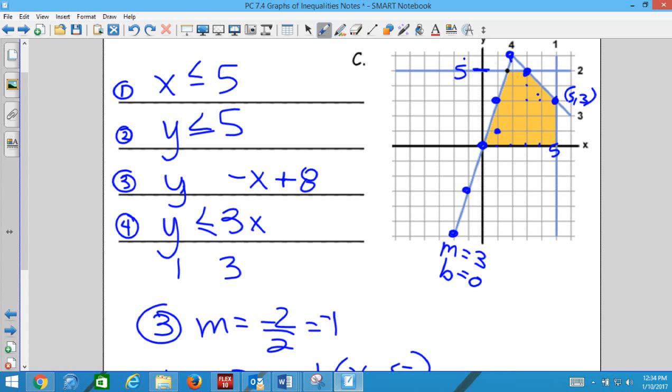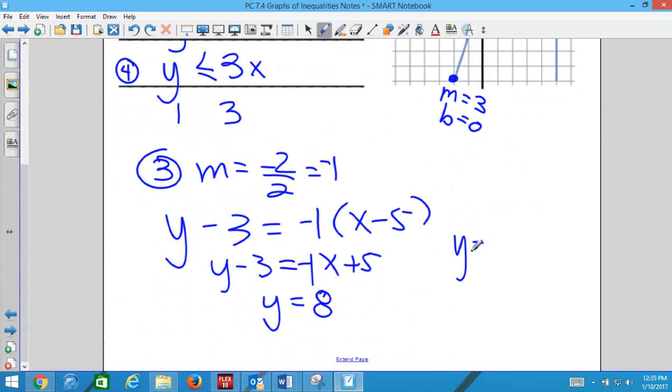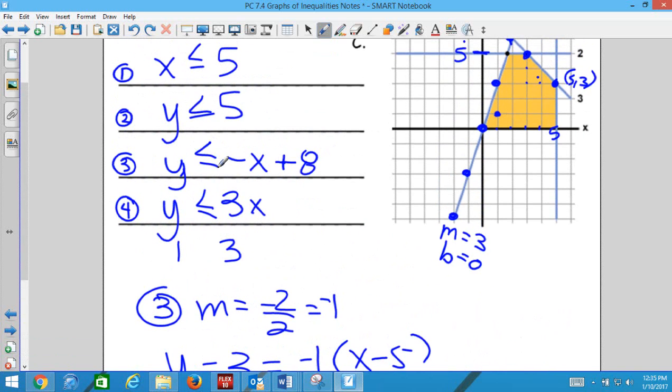You can also do 0, 0, but 1, 1 is fine. So if I put in 1, 1, oops, I didn't write my equation over here. I put in 1, 1, I will have 1 something, negative 1 plus 8. So 7. 1 is what to 7? So less than or equal to.